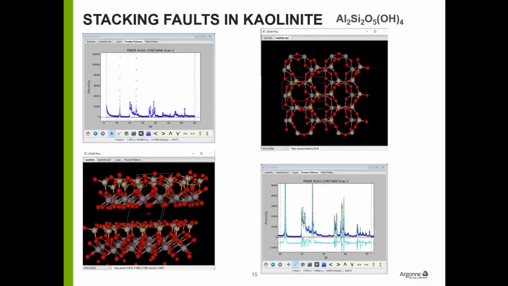So you have this mixture of sharp reflections and streaky reflections. So the modeling inside GSAS-II allows you to place these layers relative to each other and then simulate what the pattern should look like. And then you match it up by simply adjusting the position of the layers relative to each other.